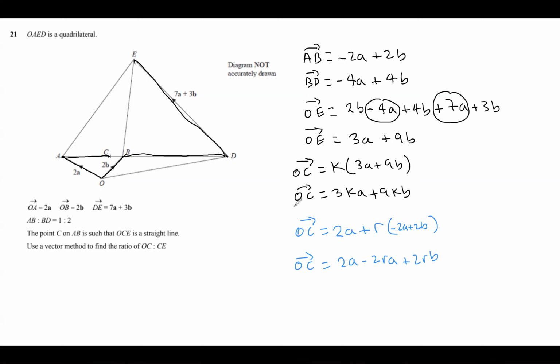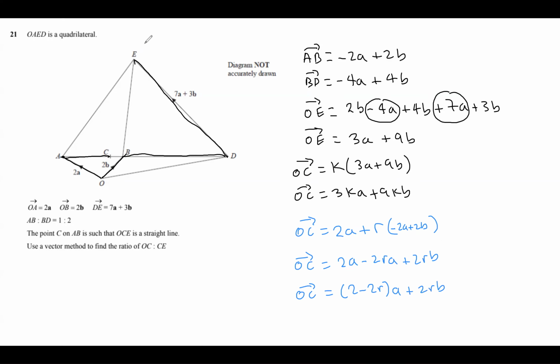Okay, and now I've got OC in two different forms. Like the previous questions, I just need to factor out the a. So we can factor out the a: 2 minus 2r, and then outside is a plus 2rb.